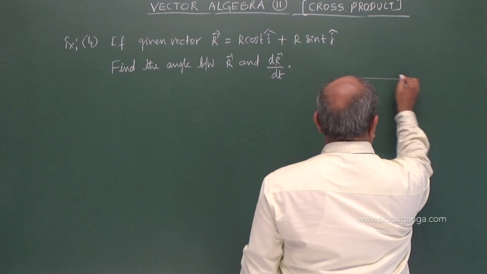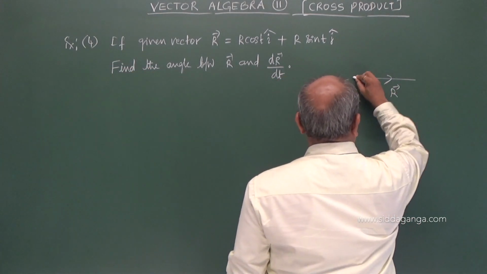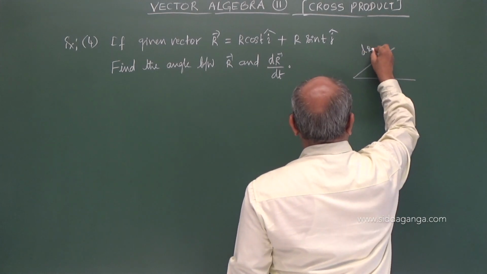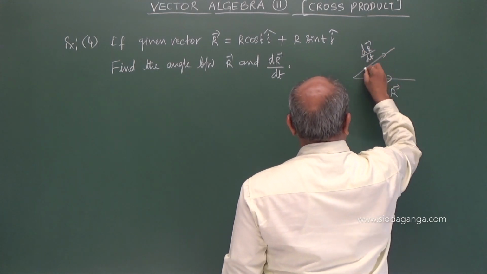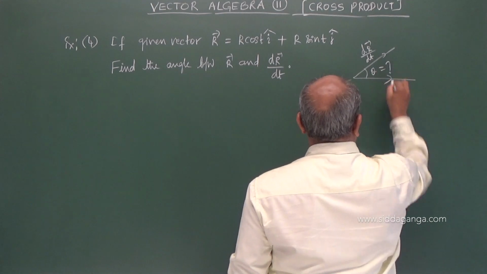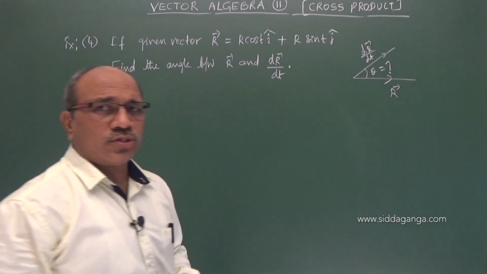One vector is R, the other vector is dR by dt. What is the angle we have to estimate between them? The question is that.